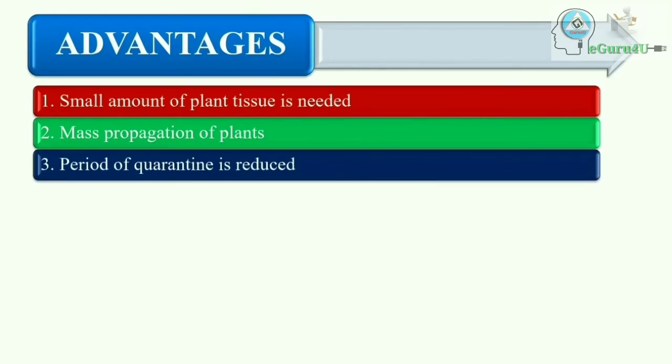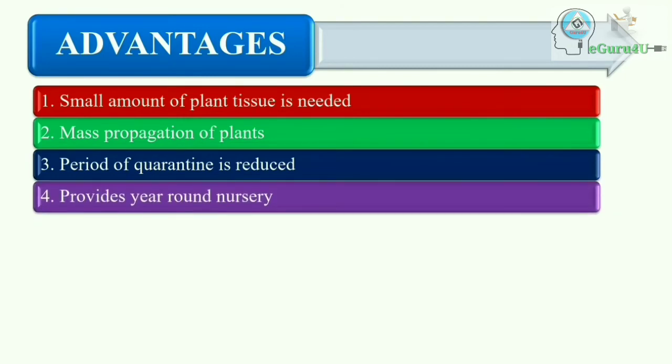Period of quarantine is reduced. It provides fast international exchange of plant material without the risk of disease introduction. 4. It provides year-round nursery. We can develop nursery plants throughout the year irrespective of seasonal variations.